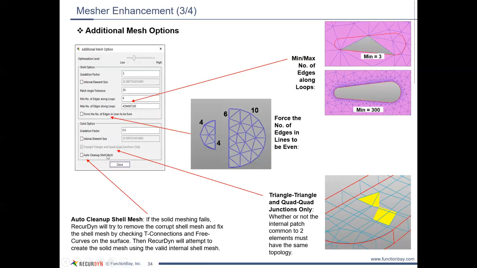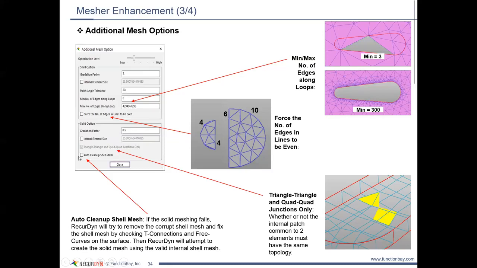Last one is auto cleanup of the shell mesh. As I mentioned earlier, when you're doing the solid meshing, the first step is to do a shell mesh on the outside. If the solid mesh fails, it could be because the shell mesh itself wasn't really set up properly.